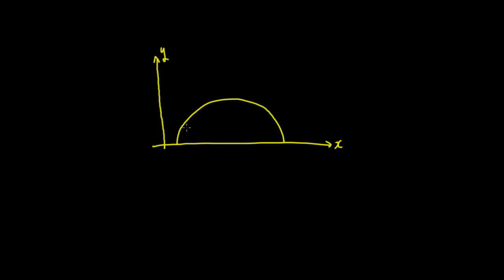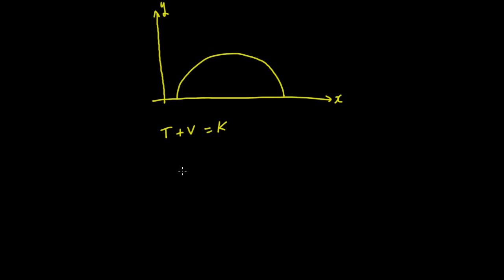Okay, so we know that the Earth's gravity is a conservative force, so we can say that the kinetic energy plus the potential energy is a constant. Okay, so we can use the principle of least action, which we talked about in a previous video.